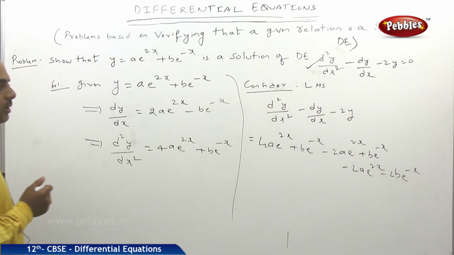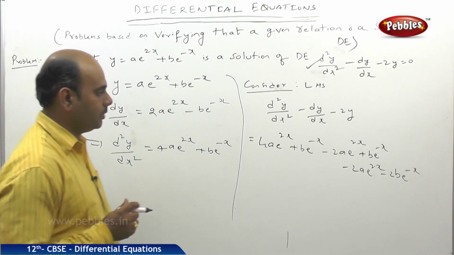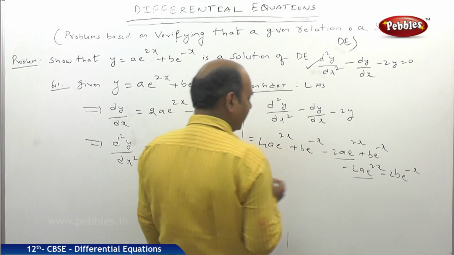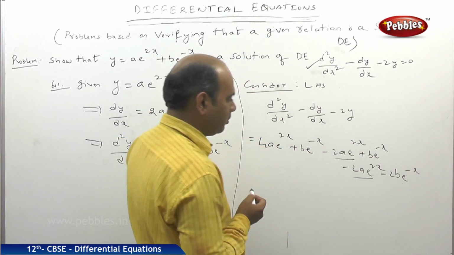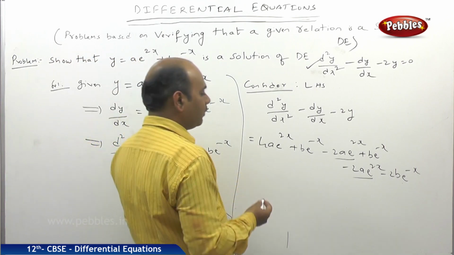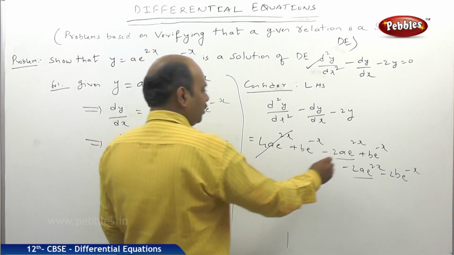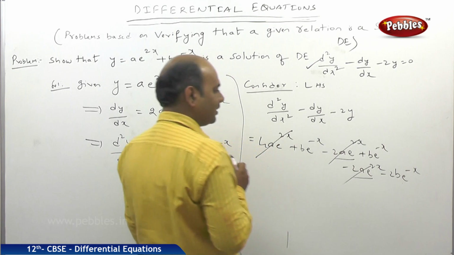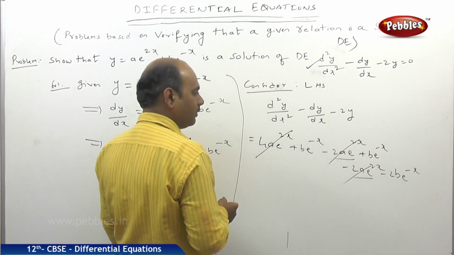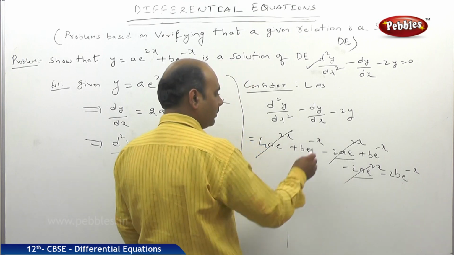Now if you observe carefully, minus 2a e power 2x minus 2a e power 2x means minus 4a e power 2x, and for us here 4a e power 2x is there, so I can make all these terms cancel. Similarly, b e power minus x and b e power minus x means 2b e power minus x.